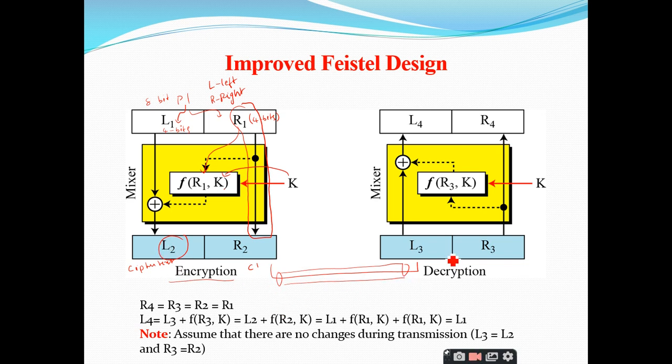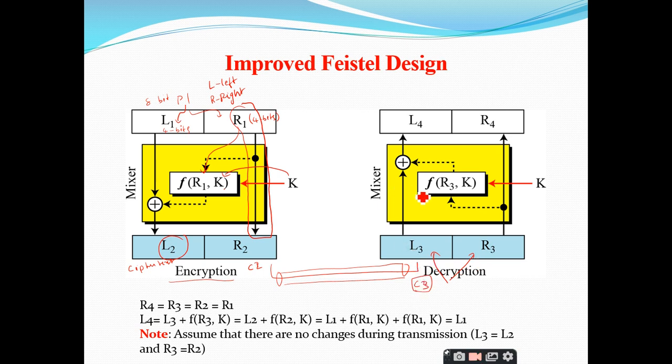Now if you look at the reception side, again you get the ciphertext C2 here. So let us assume that this is C2 and this is C3 to sync with L3 and R3. Again this ciphertext C3 is divided into two parts, the left and the right part, L3 and R3.